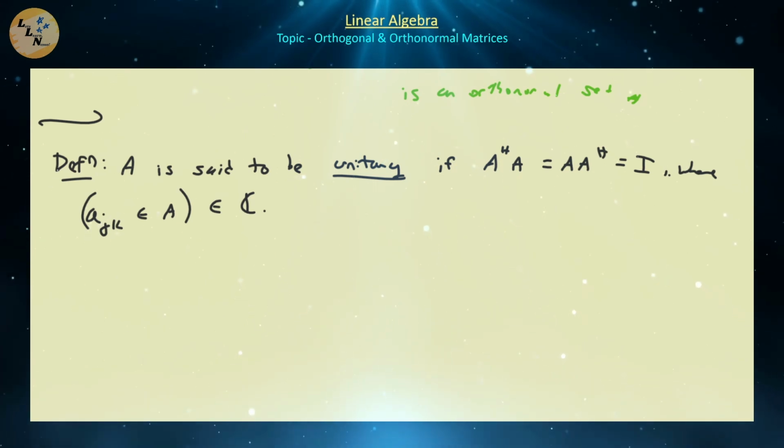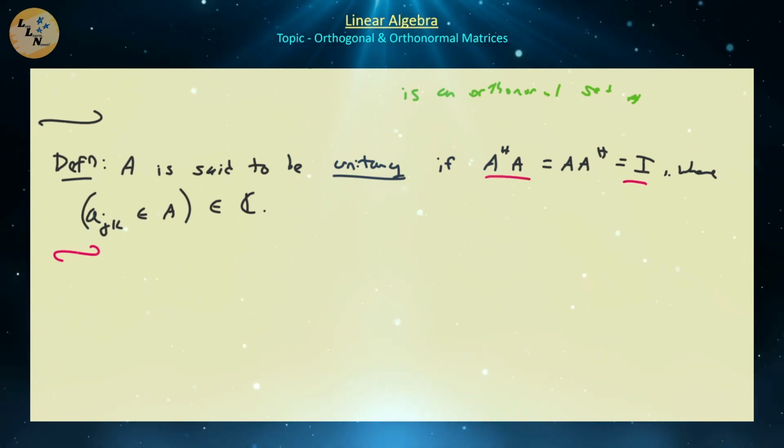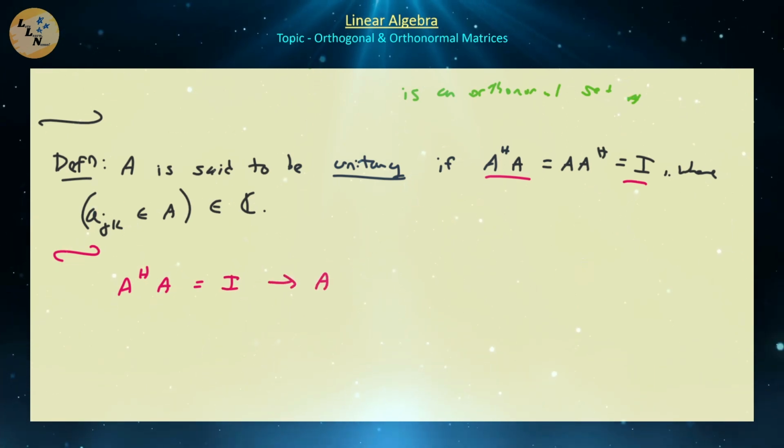So unitary can be thought of as a complex analog to an orthonormal matrix. From this definition, we see that if A Hermitian A is equal to the identity, that means the Hermitian of A is the inverse of A, right?